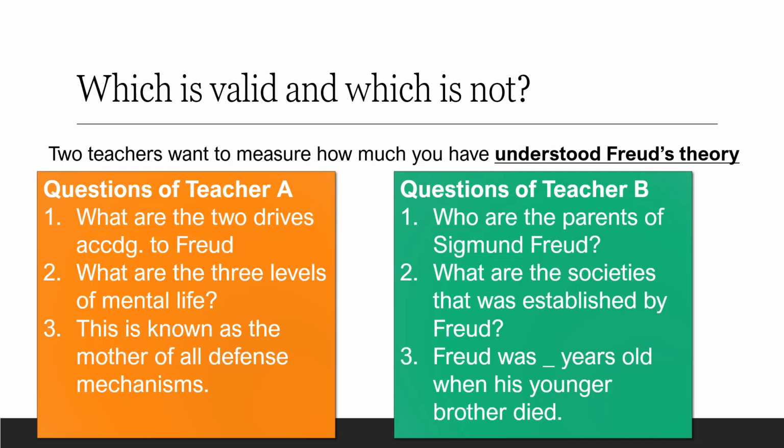However, you have to ask yourself, does it really measure what the teacher is trying to measure? Okay? Maybe the questions of teacher B will be valid if the test is all about the life of Freud. Okay? So that is an example of how you choose the best tool for your research. Okay? Next.